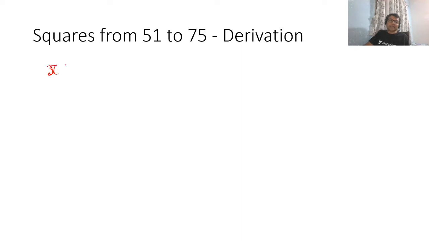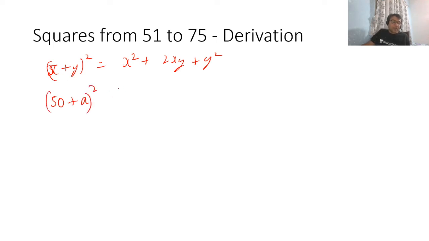So this is the concept of (x plus y) the whole square, which is x square plus 2xy plus y square. Here we are talking of numbers more than 50. Let's say 50 plus a is the value, which is more than 50. So (50 plus a) the whole square will become 50 square plus 2 into 50 into a plus a square.